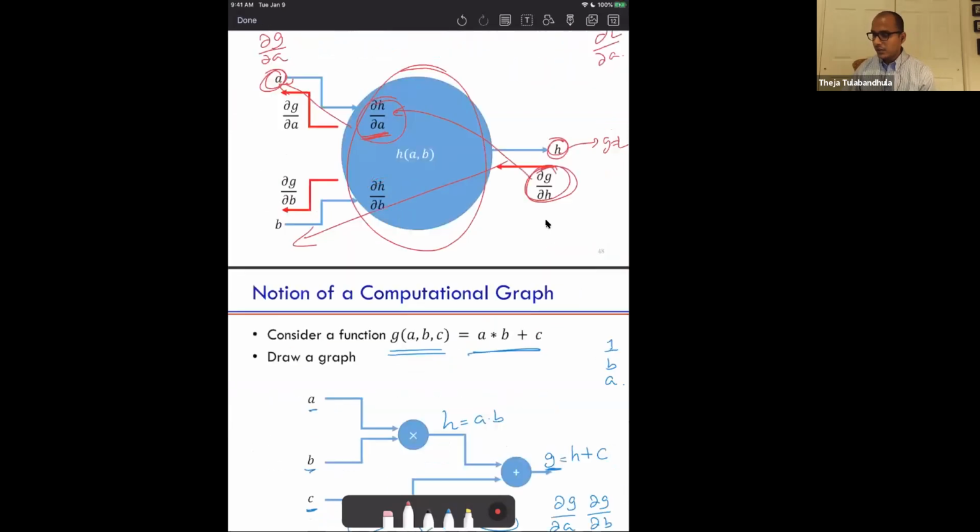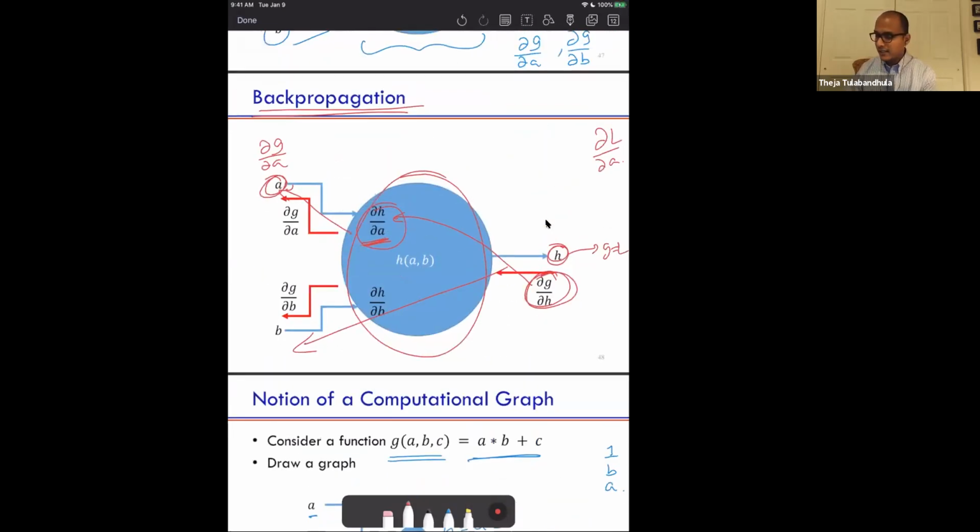Okay, so some of you may ask, why is this correct? This will be correct as long as the graph is some sort of what is called a directed acyclic graph. As long as things are not circular, like I pass some information here and it goes back here and goes back here, as long as it's not like that, which is what is meant by acyclic.